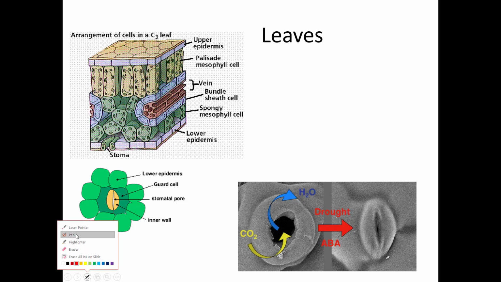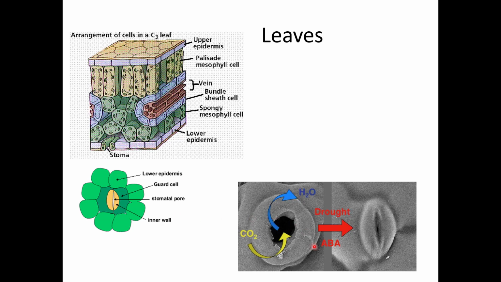In that epidermis are these special structures called stoma, which is singular, or stomata, which is plural. These are structures that are composed of two guard cells, like we see here in yellow, and a stomatal pore, which is just an opening.